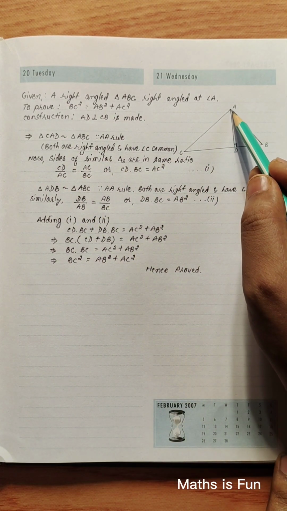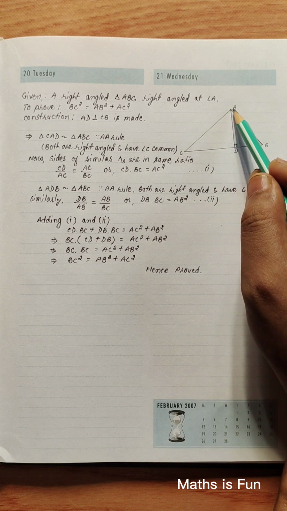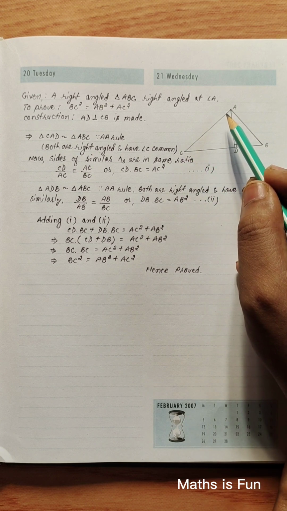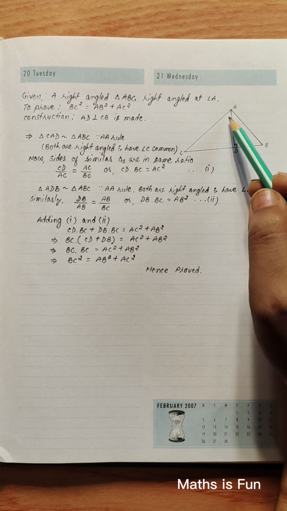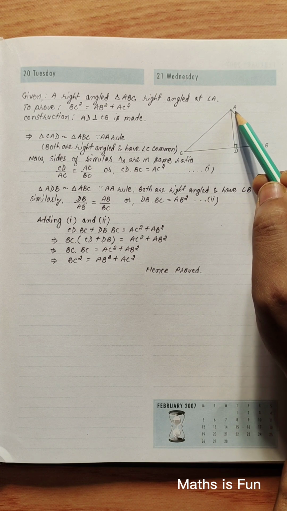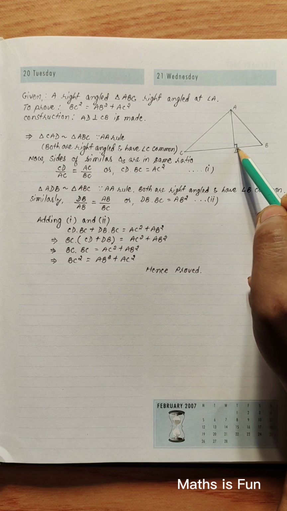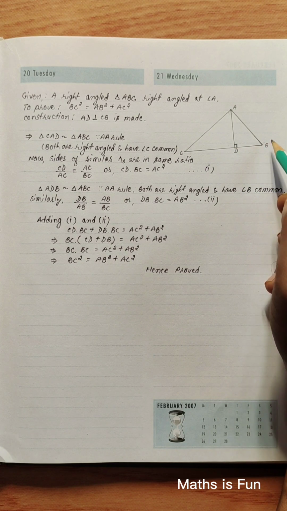Now this smaller triangle ADB is also similar to this bigger triangle ABC. This is also because of the angle rule, because both are right angle triangles. So this bigger triangle is right angled at A, whereas the smaller triangle ADB is right angled at D, and both have B as a common angle.